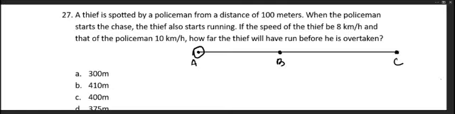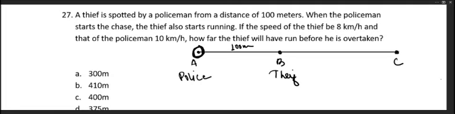What happened is the thief stole something from point A and starts running towards B. After running for 100 meters, the thief has been spotted by the policeman. So after running for 100 meters, the thief is at point B and the police is at point A.